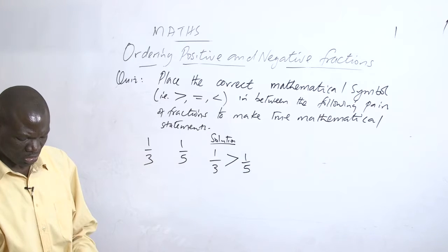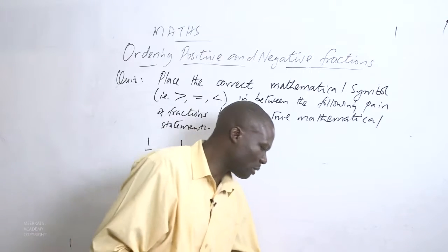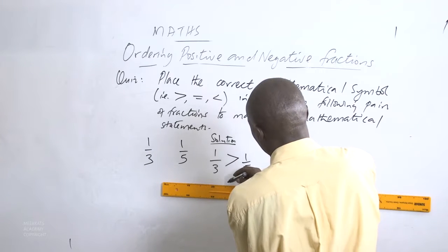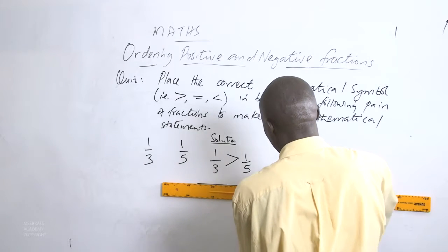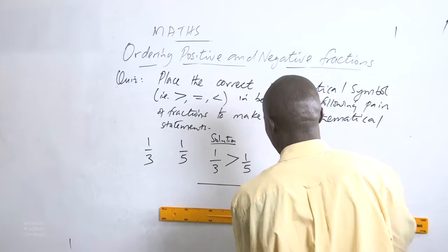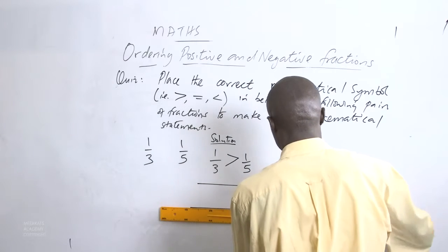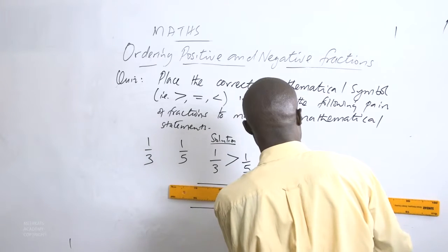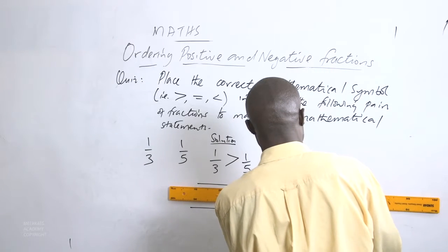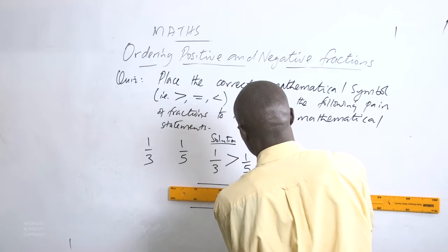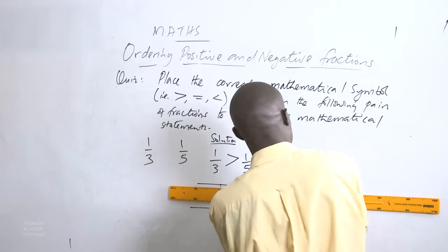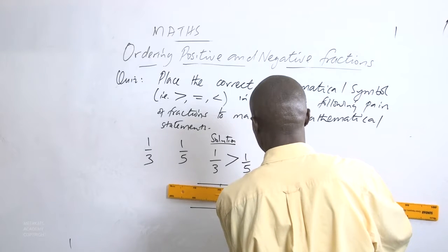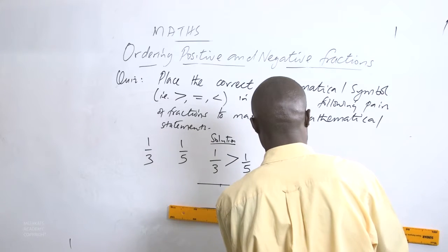This can also be shown when we go to the number line. We have 2 number lines here. One, we shall divide into 5 parts. Another one into 3 parts.